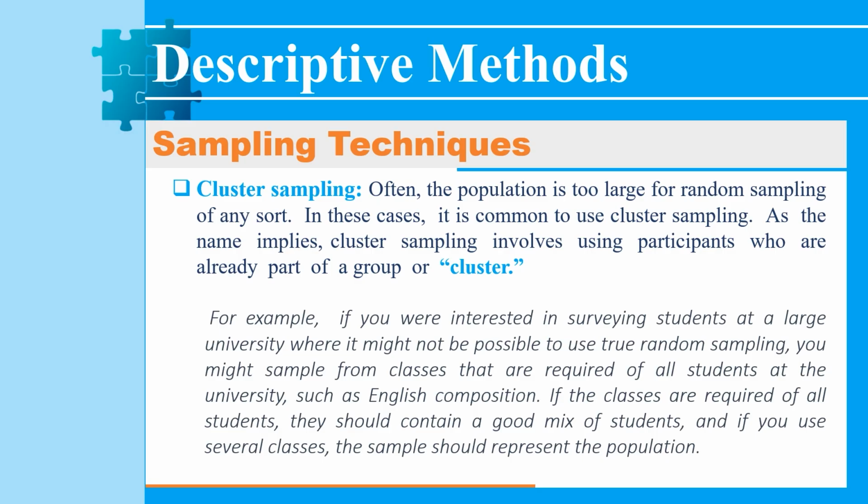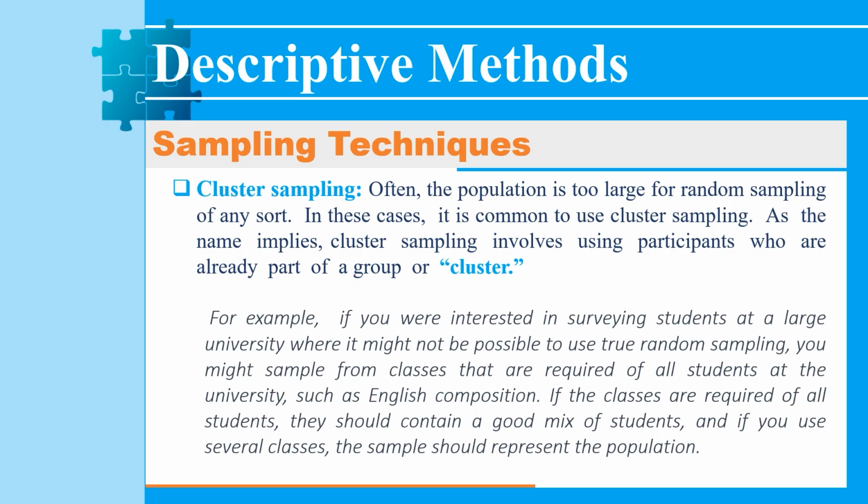A sampling technique in which clusters of participants that represent the population are used. For example, if you were interested in surveying students at a large university where it might not be possible to use true random sampling, you might sample from classes that require several students at the university, such as English composition.